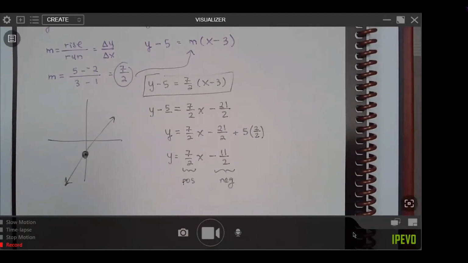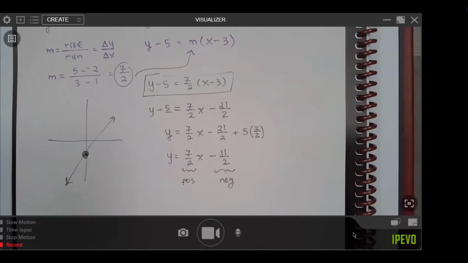Now, I like to get all my points on problems. How many people like to get all their points on problems? Oh, not every hand went up. That's very interesting. Okay. So if you like getting all of your points on problems, we're going to have to label enough stuff on this to get full credit.